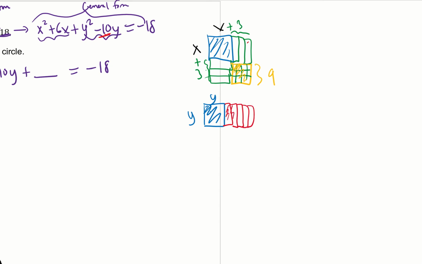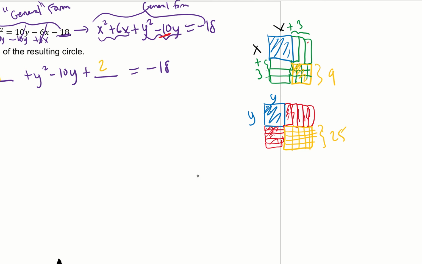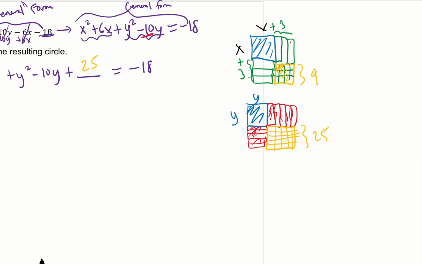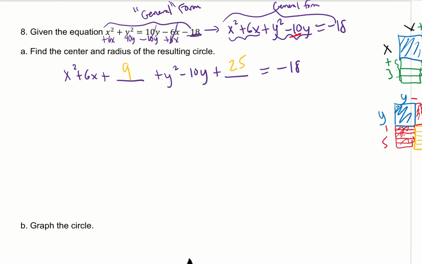Then the number of yellow tiles you'll need, if you divide it, you get a 5 by 5 square, which is going to be 25. So to complete the square, we need to have 25 unit squares. And that completes the square there. And remember that this is going to be y minus 5, and this is going to be y minus 5, okay? So we'll need that later.